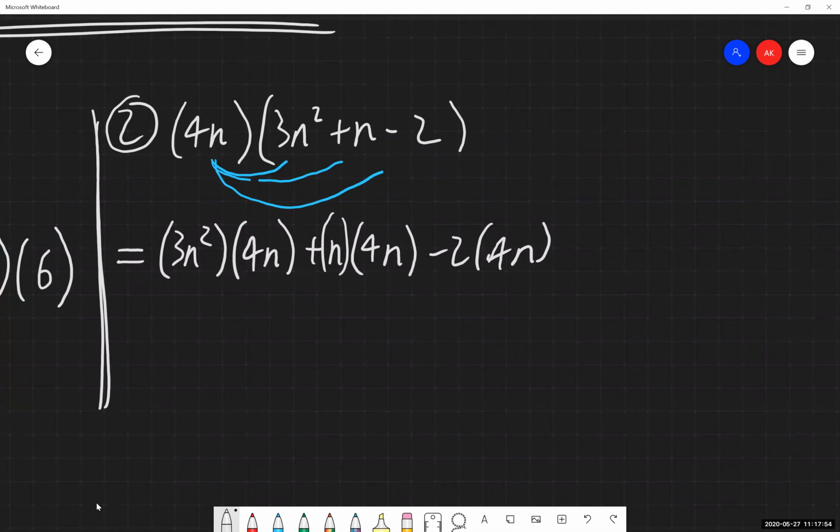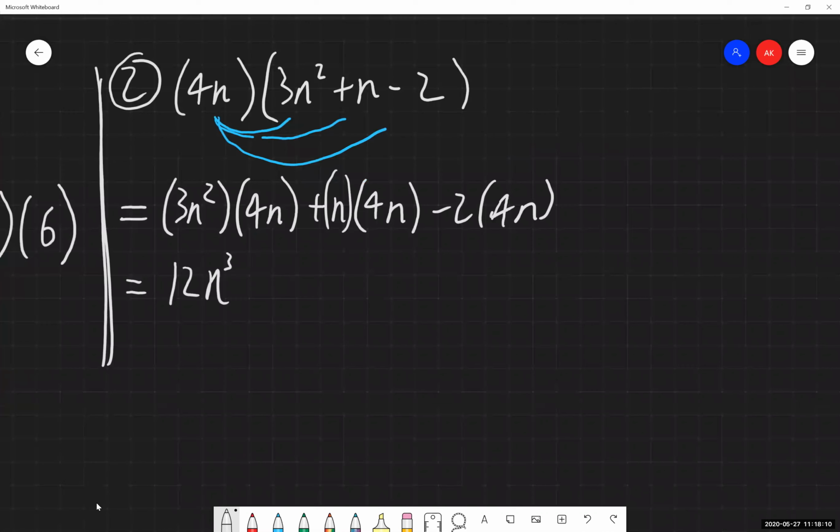So looking at each of these terms individually, we have 3n squared times 4n. Work just with the numbers first. 3 times 4 is going to give me 12. n squared times n is going to give me n to the third. And then I have n times 4n.